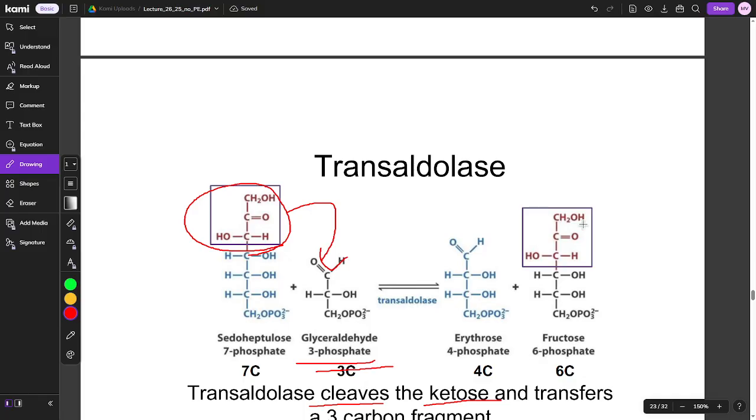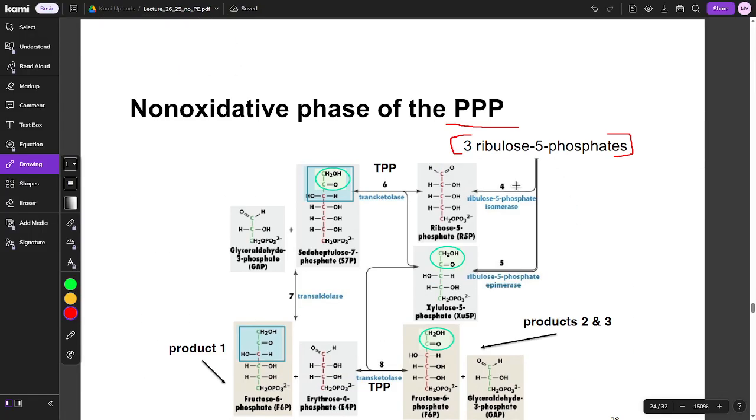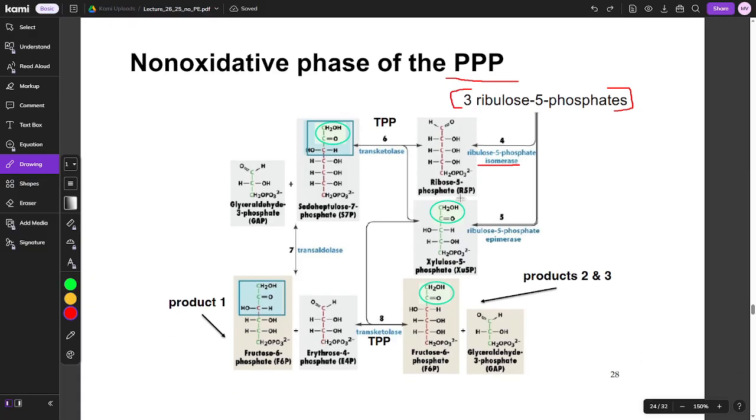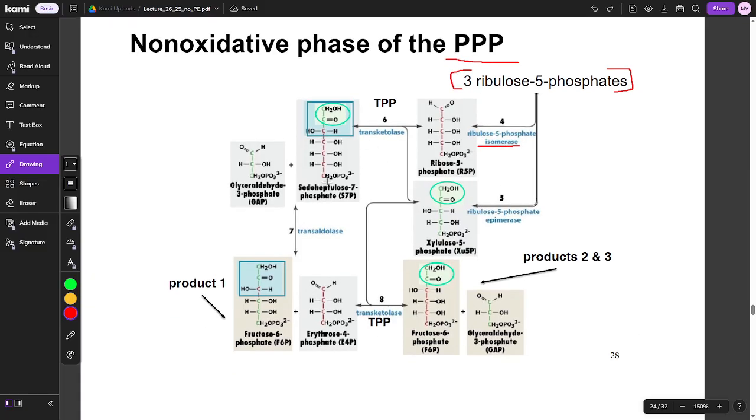And then we're going to isomerize some of them and epimerize some of them. We're going to epimerize them into xylulose 5-phosphate, and isomerize them into ribose 5-phosphate. From here, we're going to do a transketolase reaction.